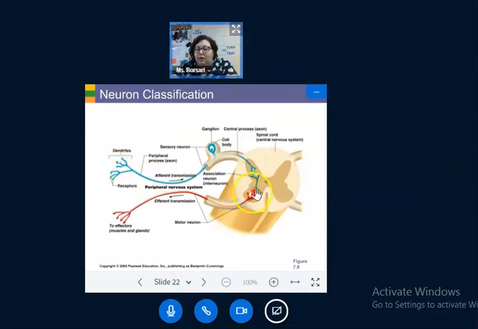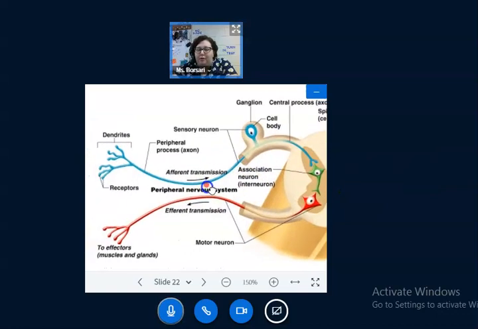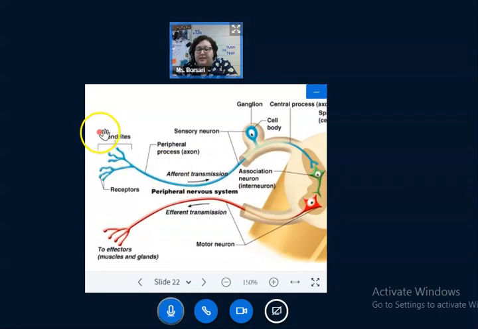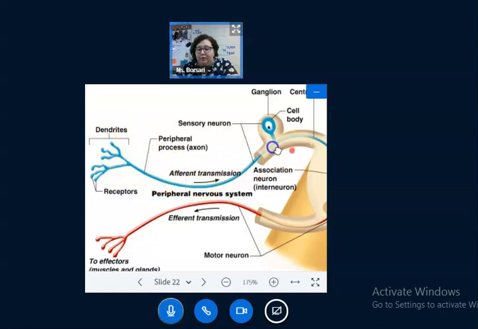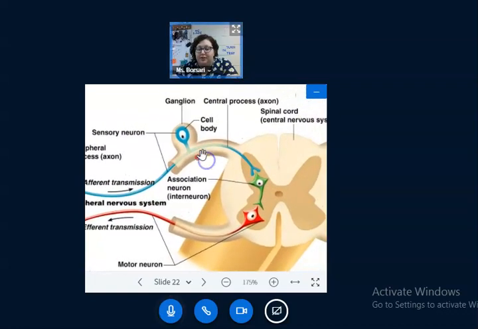So again, going along with that flow chart where we had the sensory division with the blue arrow, and the motor division with the red arrow. Over here, we've got those dendrites that are receiving information, and it is going to be delivering that from the peripheral into our central nervous system.